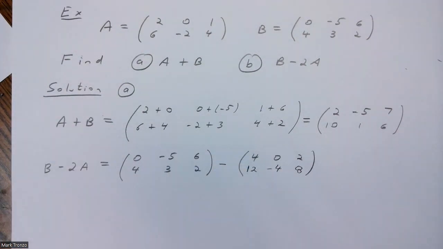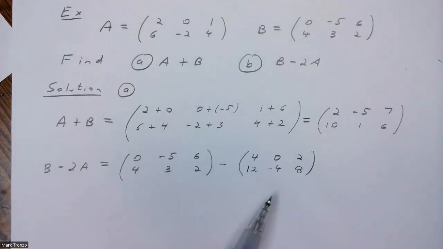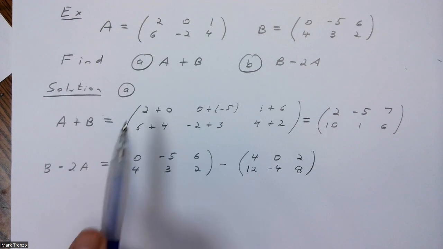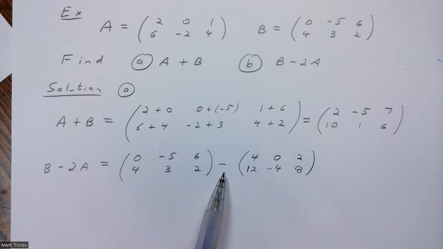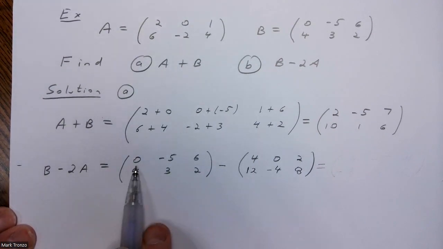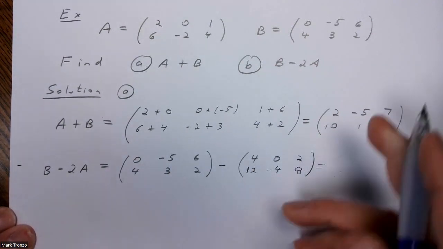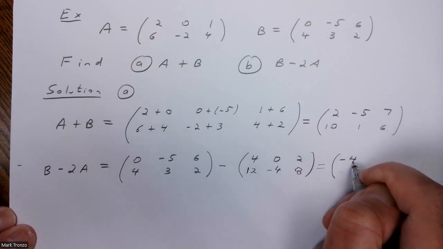We could have done that another way. We could have multiplied this by minus 2 and then added them. What I decided to do, I multiplied this by 2 and then subtracted, B minus 2A, like this. So if we take 0 minus 4, that's going to give us minus 4.